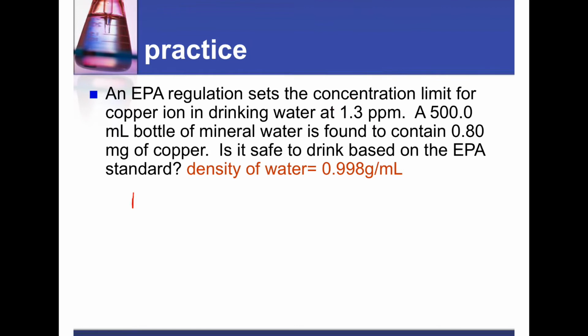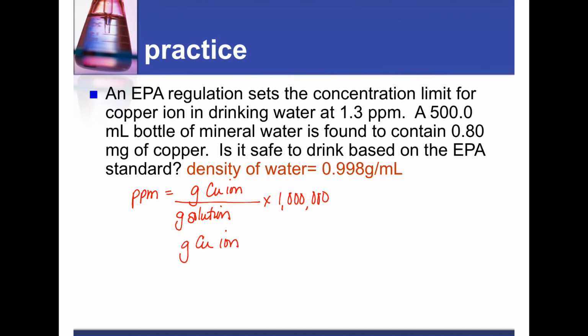Right, so to calculate parts per million, we're going to need to know grams of copper ions on the top, so that's our solute, and we're going to need to know grams of solution on the bottom times 1,000,000. That's the same thing as grams of copper ion divided by grams of copper ion plus grams of water, because those two things make up the solution.